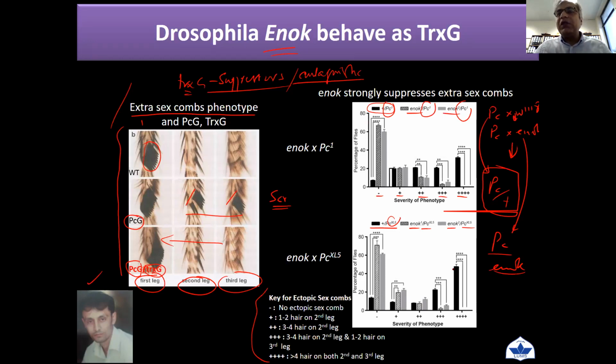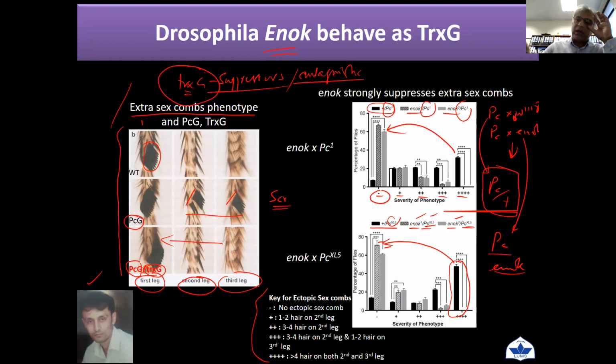In both, Polycomb heterozygous alone shows a very strong extra sex comb phenotype. Whenever you have Enoch 1 or Enoch 2 together with PCXL5, the phenotype is reversed to almost none. So this behaves as a classical trithorax group mutation.